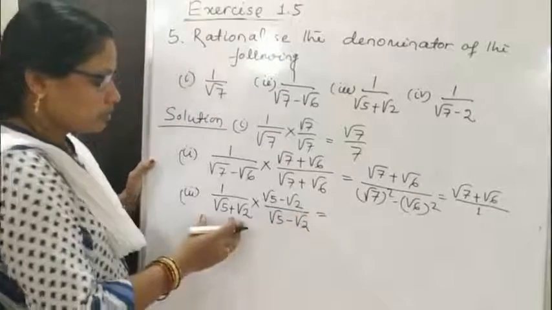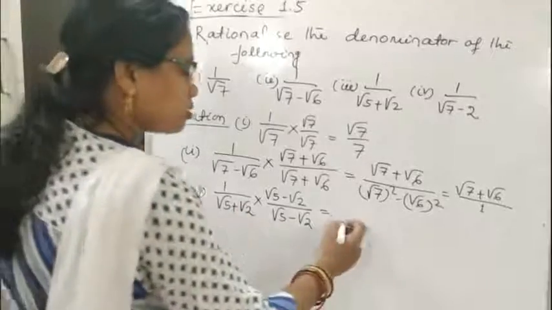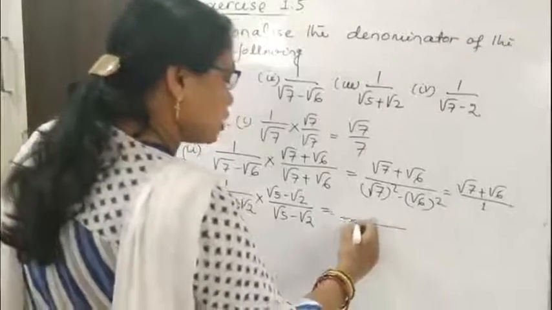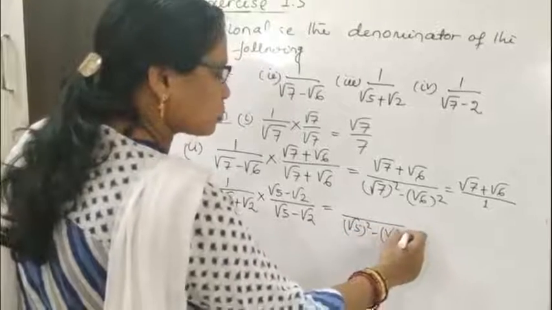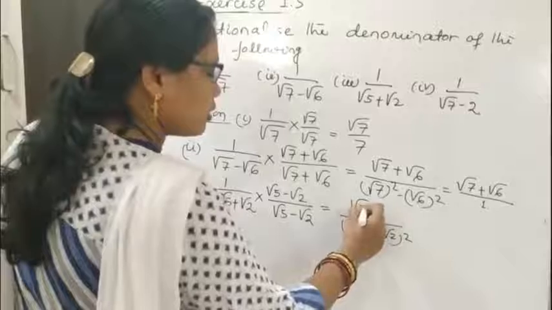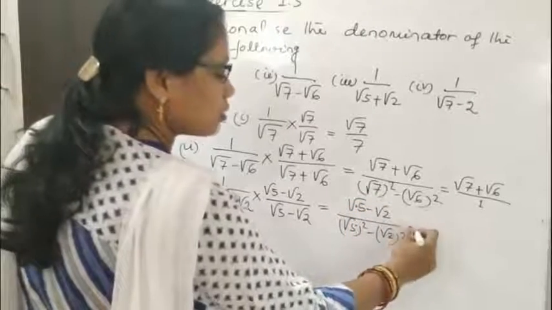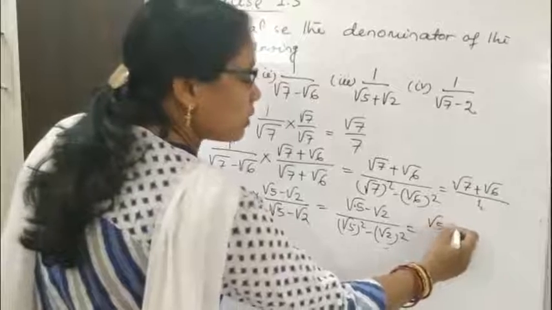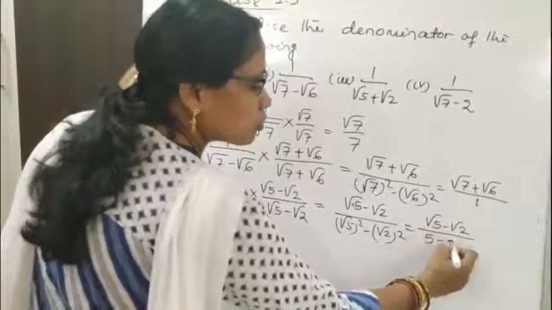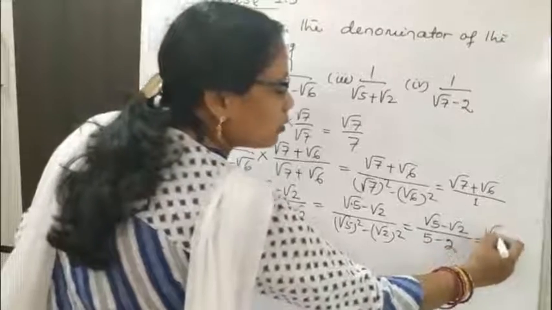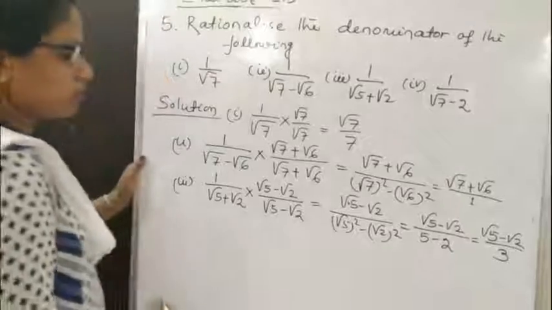In the denominator we get a plus b into a minus b, which is root 5 square minus root 2 square. The numerator will be root 5 minus root 2. The denominator is 5 minus 2, so this is equal to root 5 minus root 2 by 3.